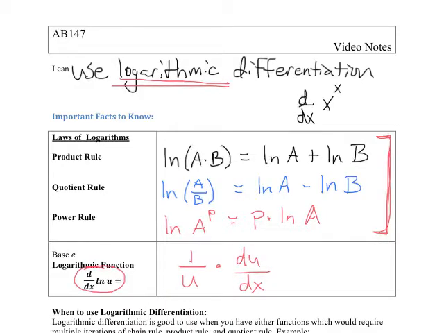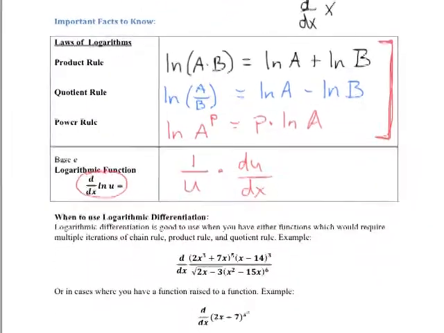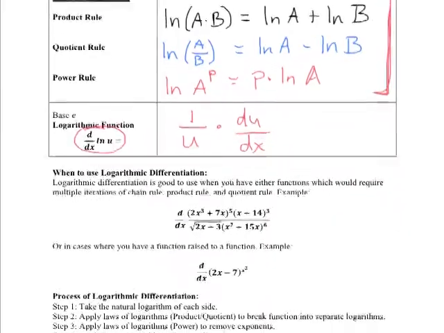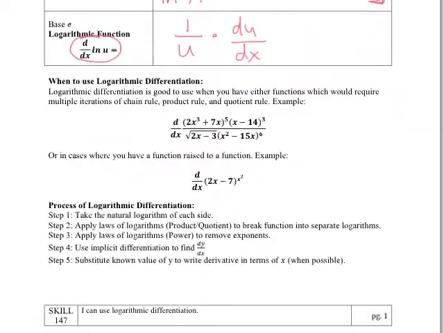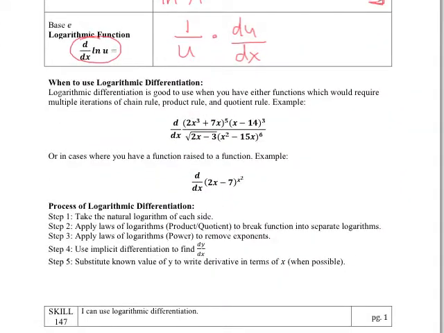So let's take a look at when we want to use logarithmic differentiation. It is good to use when you have functions which would require multiple iterations of the chain rule, product rule, and quotient rule. For example, this thing is quite nasty looking.